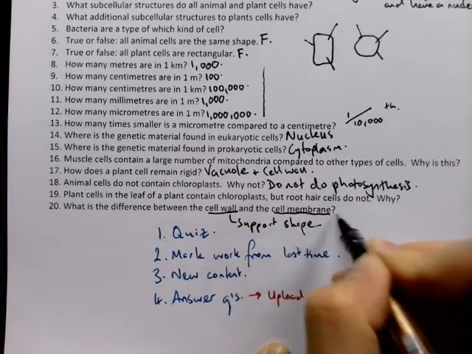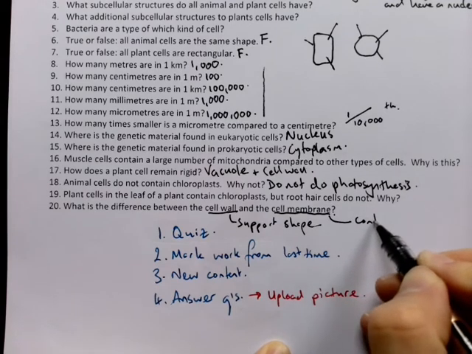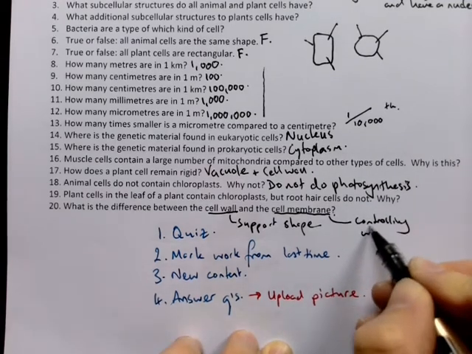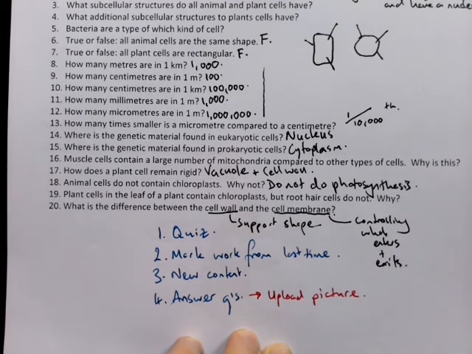And the cell membrane is controlling what enters and exits the cell. So one of them is a structural thing, helping with the shape of the cell, whereas the other one is more to do with what can come in and out of the cell.